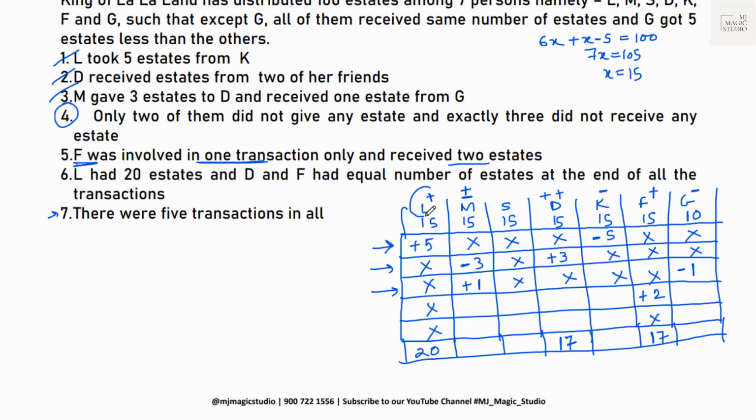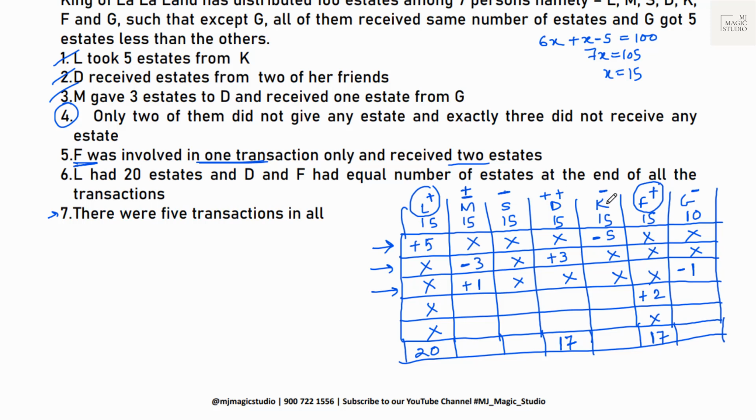L is only plus, which means L hasn't given any estate. F's transaction sequence is over. F hasn't given any estate. So these 2 are the persons who haven't given any estate, which means the rest of them have given something. So over S we should have a minus sign. S should be involved in some negative transaction.